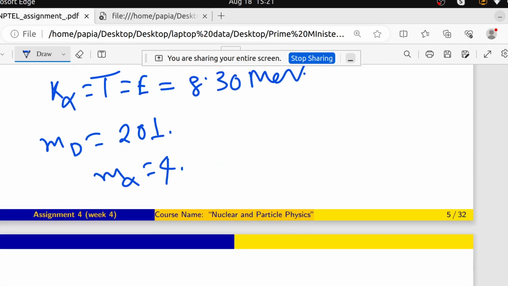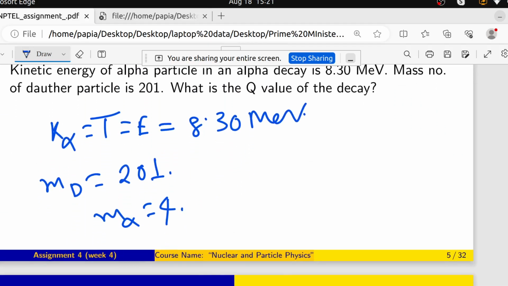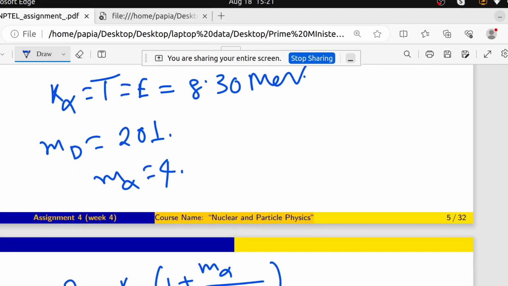So if I put all the values, they are asking about the value of Q. So if I write all this, then Q value will be K alpha times 1 plus M alpha divided by MD, right? So if I just put here 8.30, then 1 plus M alpha, which is 4, divided by 201, then what will be the value?